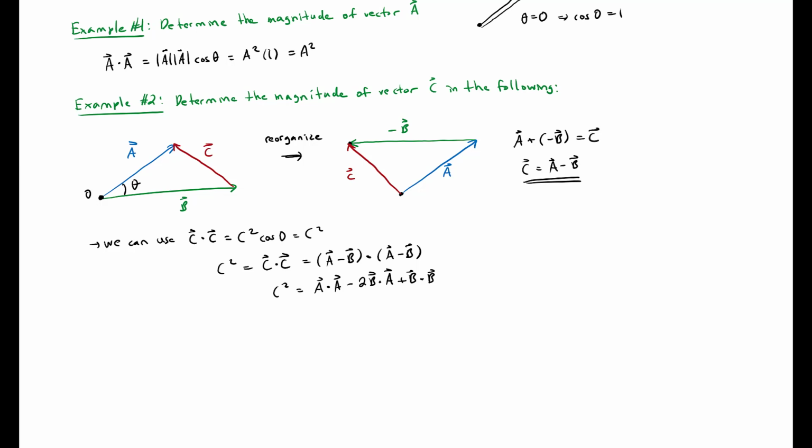Okay. Now, we know that A dotted with A is going to be A squared. And we have minus 2. We know B dotted with A is going to be BA cosine of theta. And B dotted with B is equal to B squared. So now we have C squared equals A squared plus B squared minus 2AB cos theta.